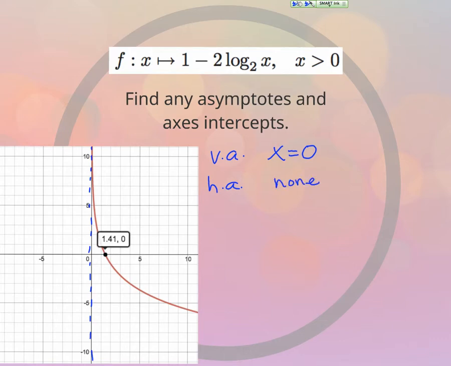None. So then we have to talk about the intercepts. My x-intercept, I can see right here. My x-intercept is at 1.41.